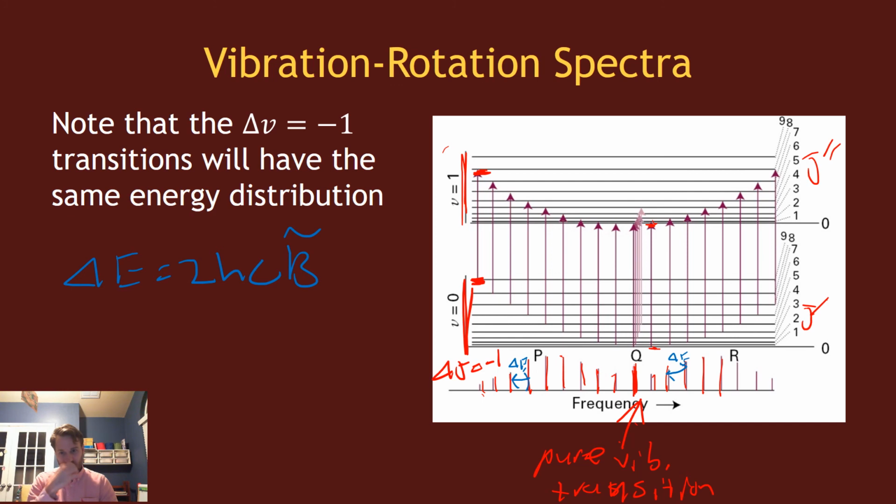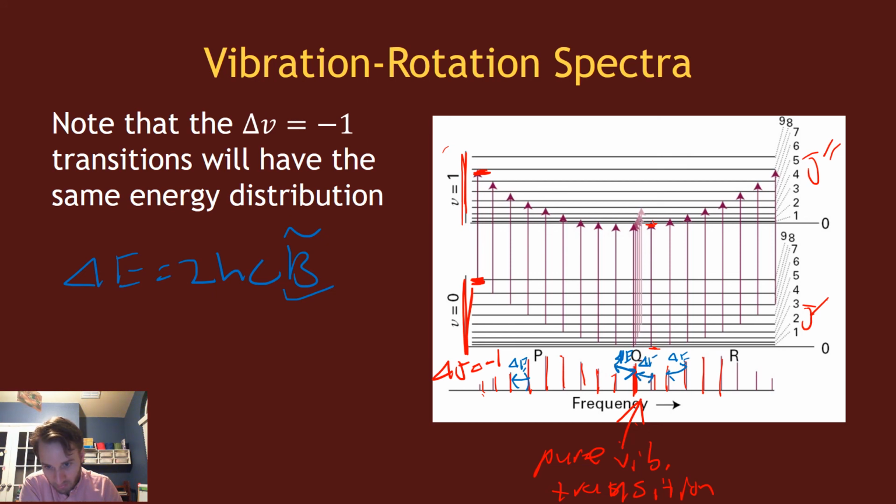So the splitting between those peaks is related to your rotational constant, which is the same as the splitting between the Q and the first peak in the P, and the same as the splitting between Q and the first peak in the R.